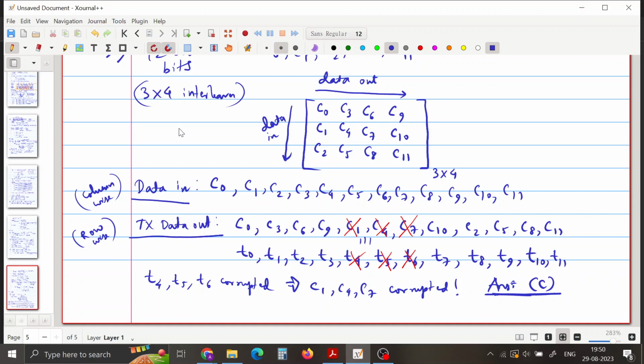Burst error means errors in consecutive bits, let's say 1, 2, 3. The interleaver will move it to some different locations, let's say 7, 12, 1, like that. That is easier for the forward error correction scheme to handle instead of a continuous error. So that's the idea.